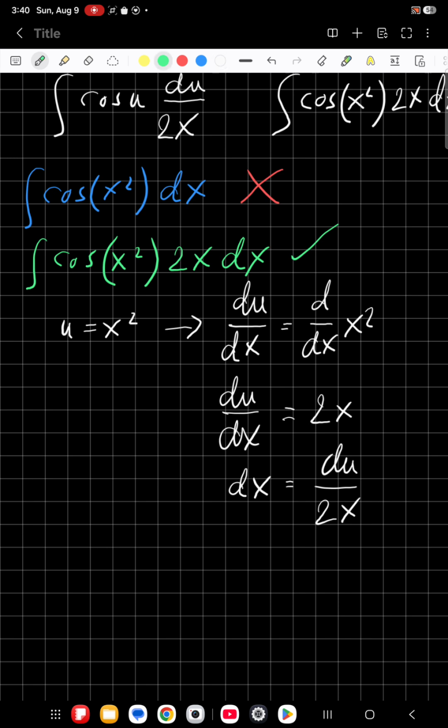Let me maybe make it green. Okay, so now we're here. I will replace x squared with u, and I will replace dx with the expression for dx. So I have cosine u. Then I have my 2x, and the 2x doesn't go anywhere. I'm talking about this 2x.